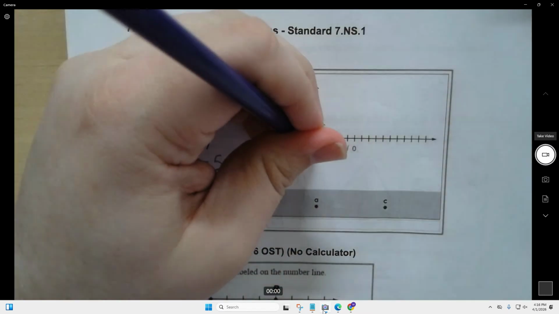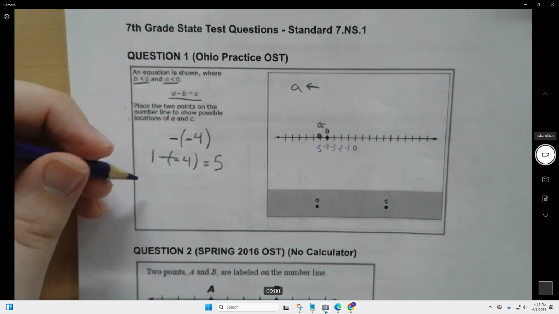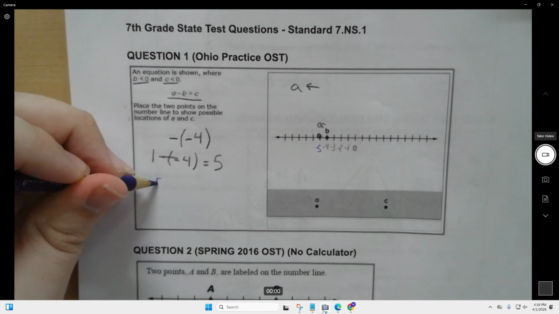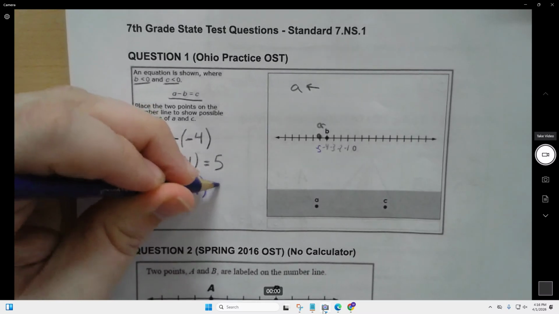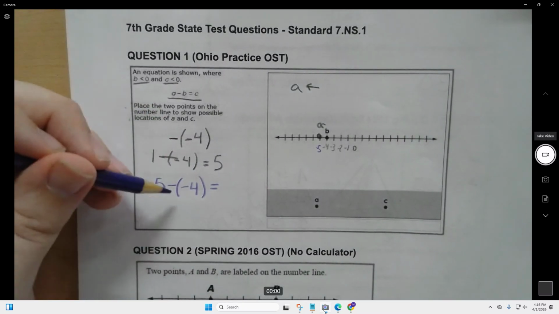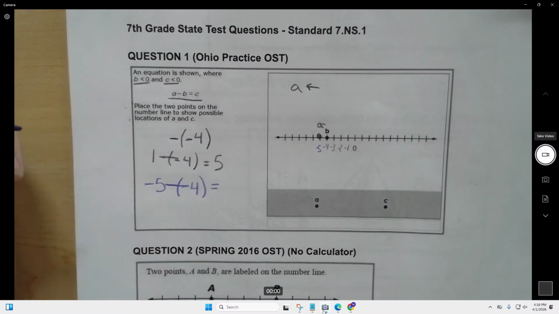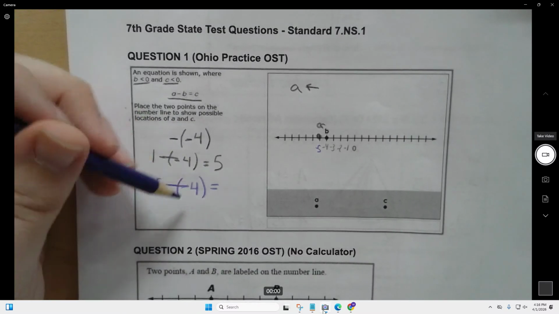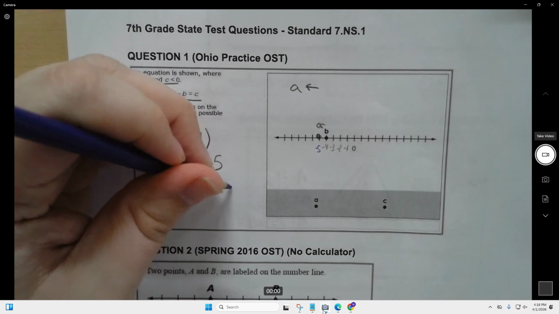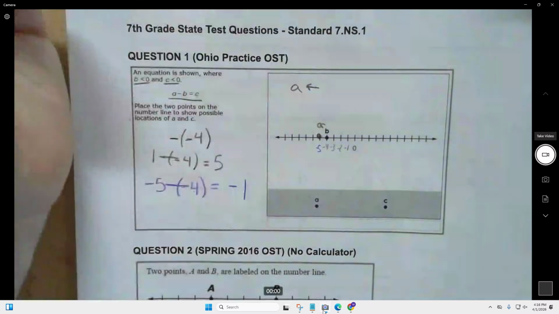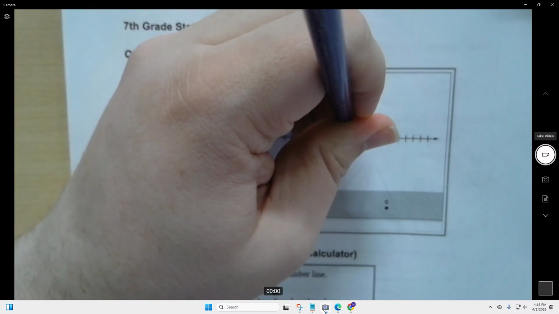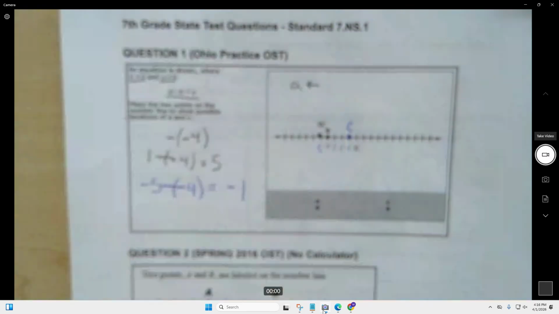Well, we know that this is -4. That would make this -5. Then you have -5 minus -4 equals what? Well, this minus negative essentially becomes positive. So -5 plus 4 makes -1. So then your C would go at -1 right here.